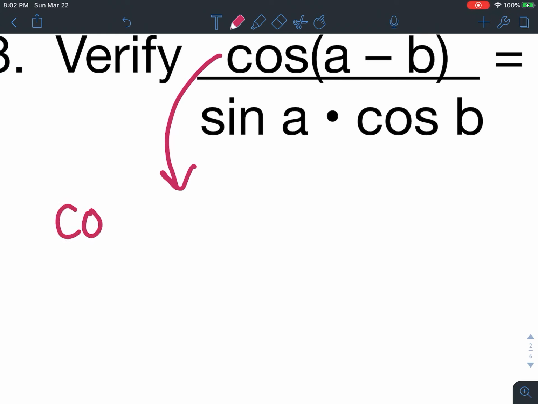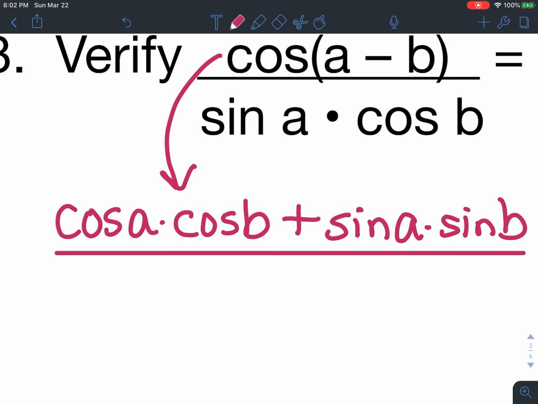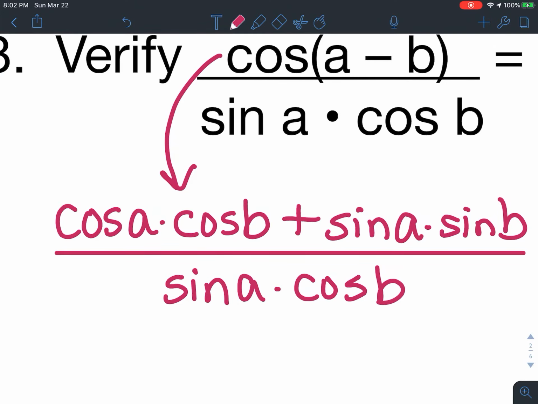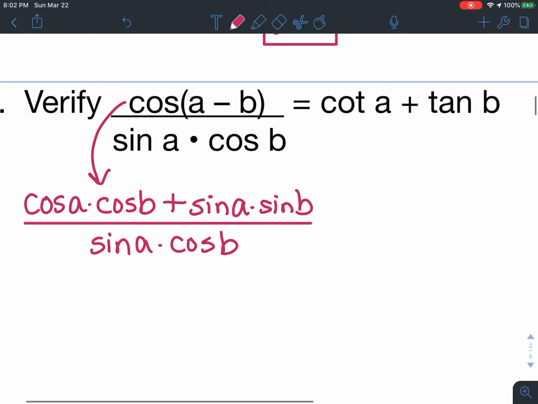So cosine of A minus B equals cosine A times cosine B plus, remember the cosine changes signs, sine A times sine B. And all of that is over sine A times cosine B. That part wasn't changed.